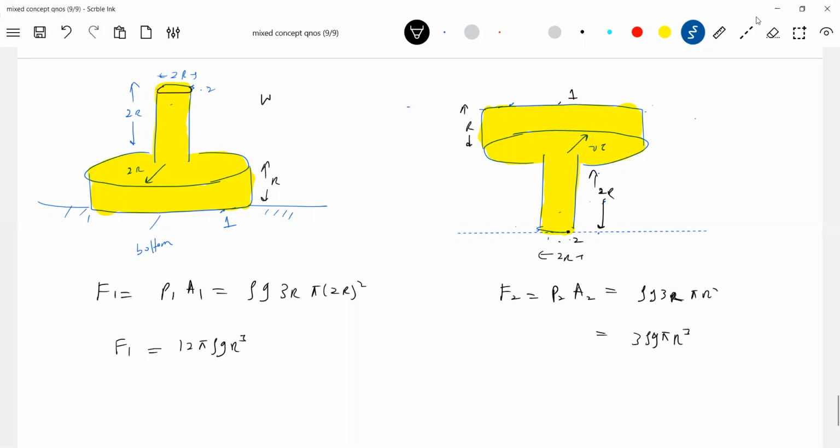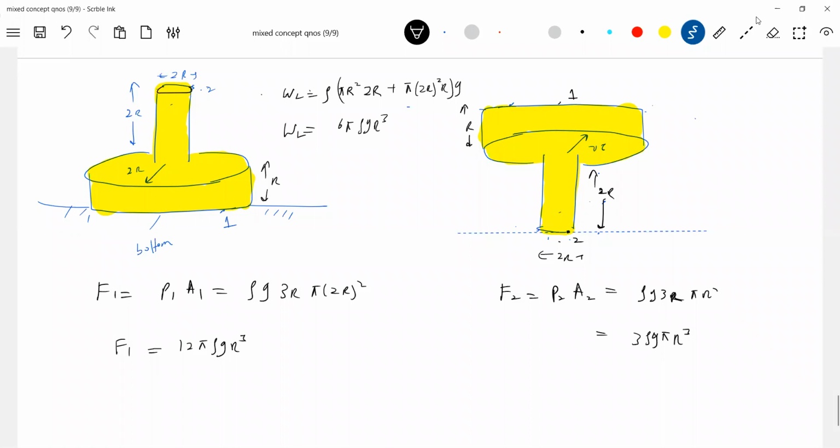What is the weight of the liquid? We'll calculate. The weight of the liquid will be rho into volume, which is pi r square into 2r, times g, which gives 6 pi rho g R cube.